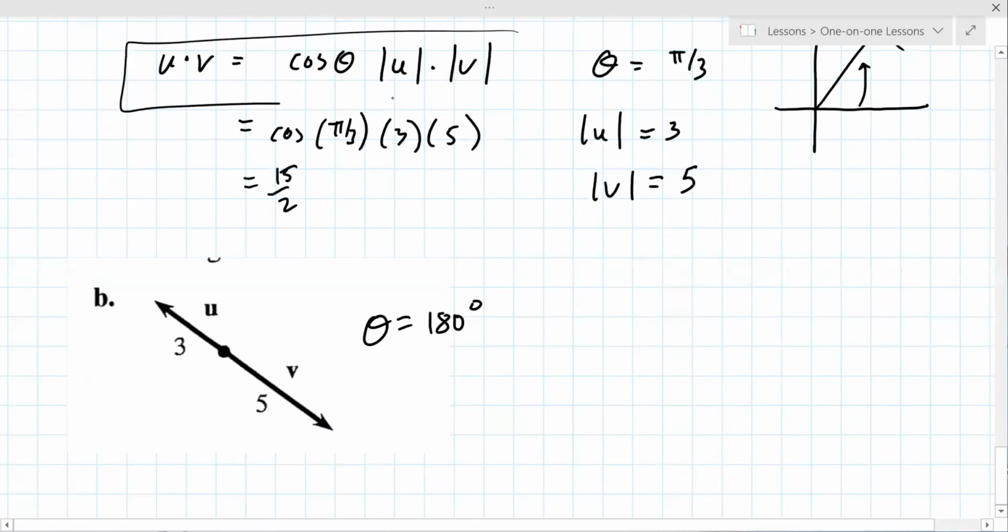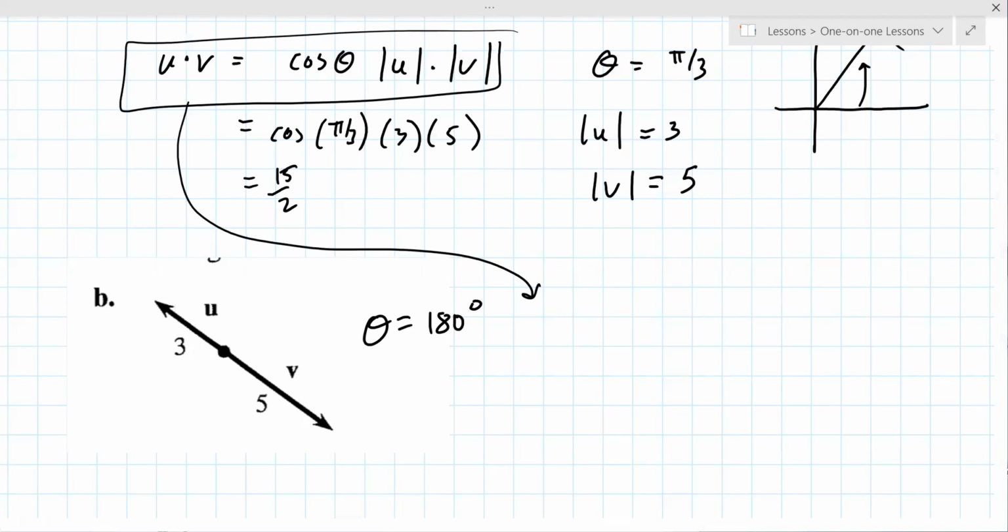I'm asking you to do this calculation down here for this problem. -15. It is -15. I'm glad you put that in there.